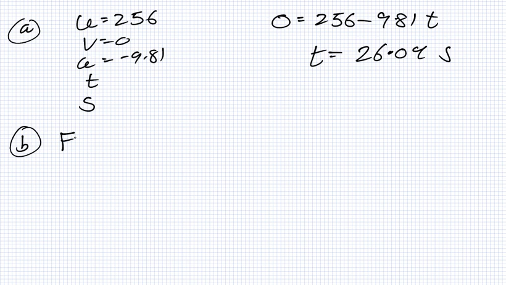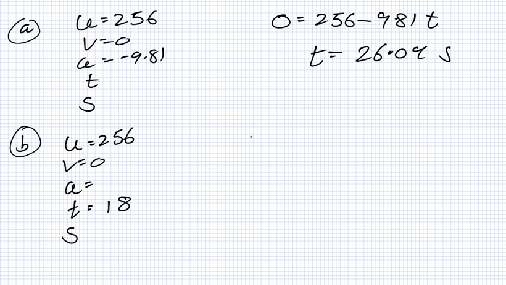So F equals ma. Well, actually, no, we don't need that yet. Just SUVAT again. The only difference here is the a we don't know. I'm expecting it to be greater in value than 9.81. But the t we do know is 18 seconds.